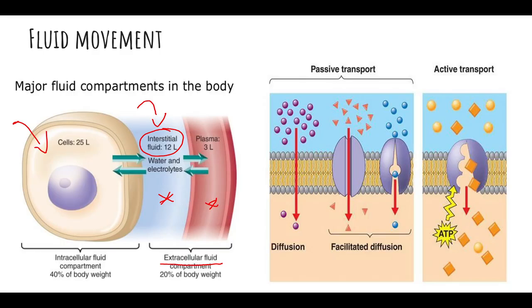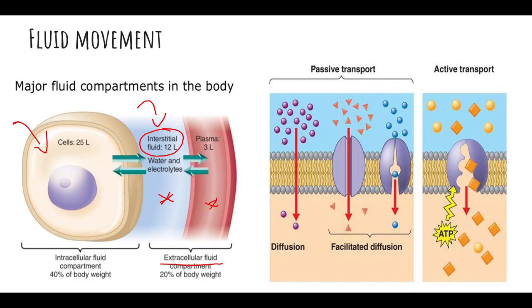Not so much the fluid inside of your cells, because the idea is if the fluid outside of your cell is properly managed through fluid movements across the semi-permeable membrane, the fluid inside of your cell will also be properly managed.